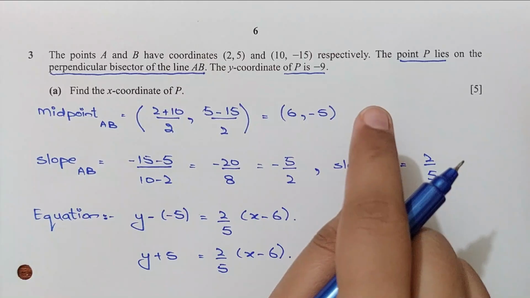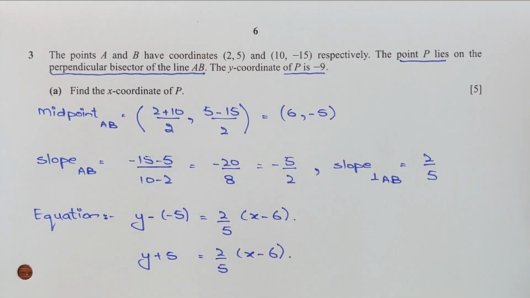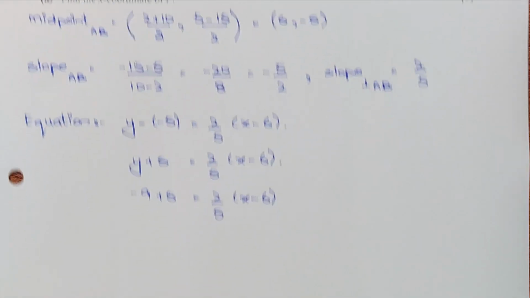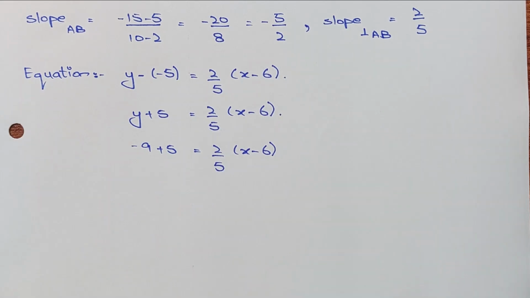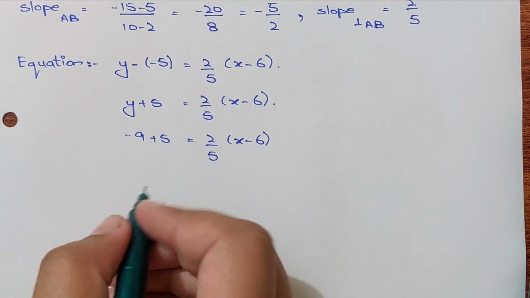Now point P lies on this line. So if the y coordinate is negative 9, find the x coordinate. If it lies on the line, it satisfies the equation. So the y coordinate is negative 9: negative 9 plus 5 equals 2 by 5 into x minus 6. Let me simplify and solve for x. 5 minus 9 is negative 4.